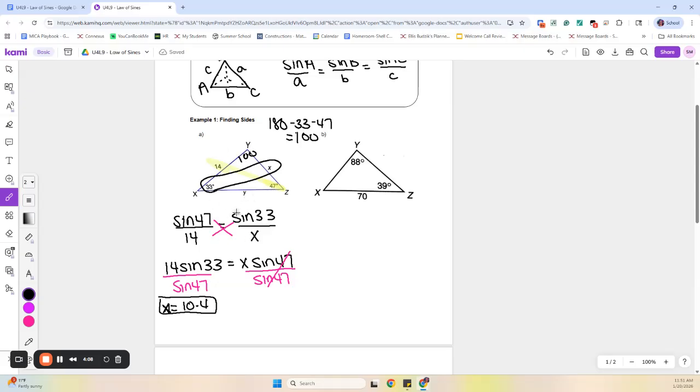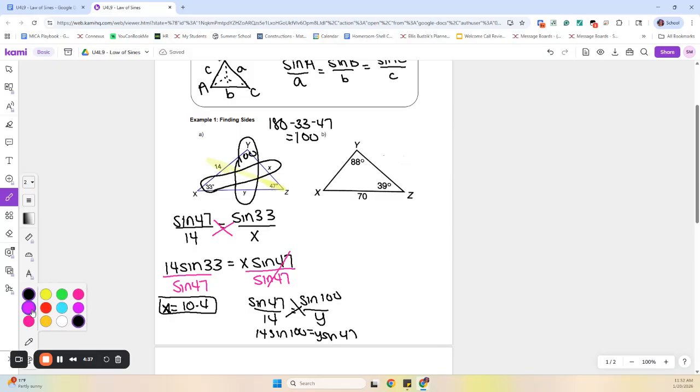And then what I'm going to do is set up the same thing, but for my y. I like to use what's given to me in the beginning. So I'm still going to use that same sine 47 over 14 equals, and now for my y, I'm going to do sine of 100 over the y that I'm looking for. Cross multiply, I get 14 sine 100 equals y sine 47.